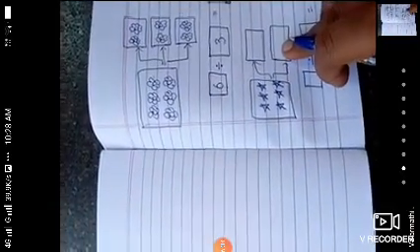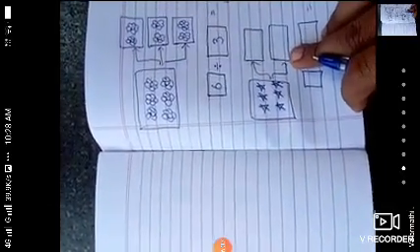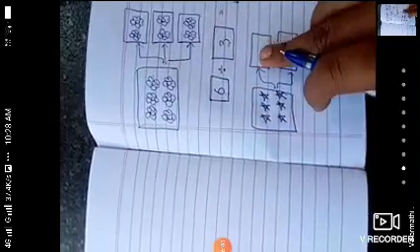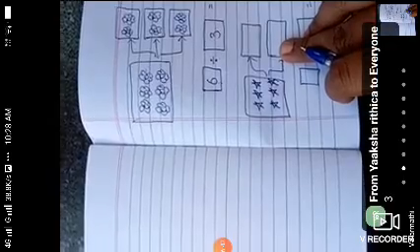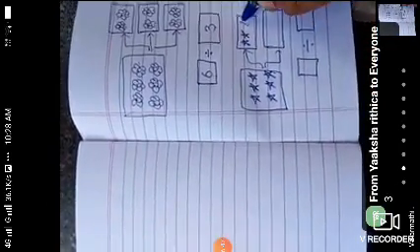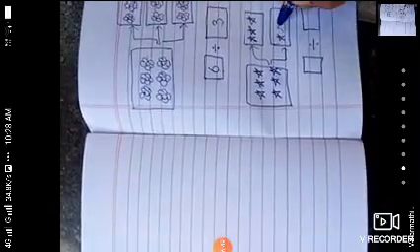So each group will get how many stars? 6 stars are there. When you are dividing the 6 stars, each group will get 3 stars. Very good. So each group will get 3 stars.